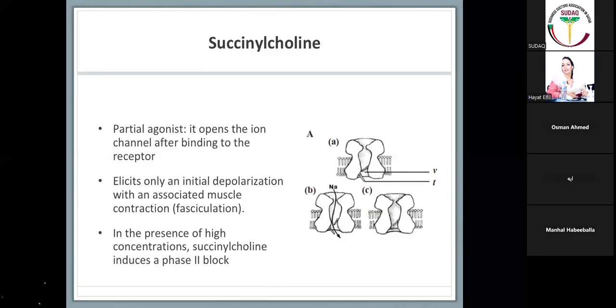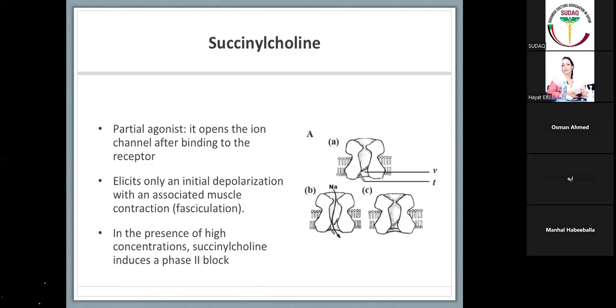So they first open, and then as you can see in the diagram between A and B, it's voltage gated and time gated. So they open and sodium enters, and then it closes and becomes inactivated.